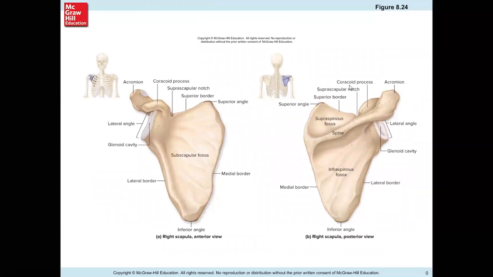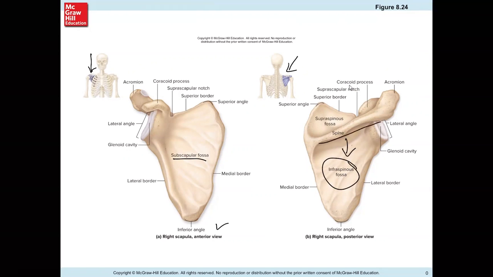So for the scapula, this is looking at it from the front, and this is looking at it from the back. There are lots of tendons and ligaments and muscles that make the shoulder actually function the way it should. So we're just going to go over some general stuff for the scapula. The scapula has a subscapular fossa, and on the back it has an infraspinous process.